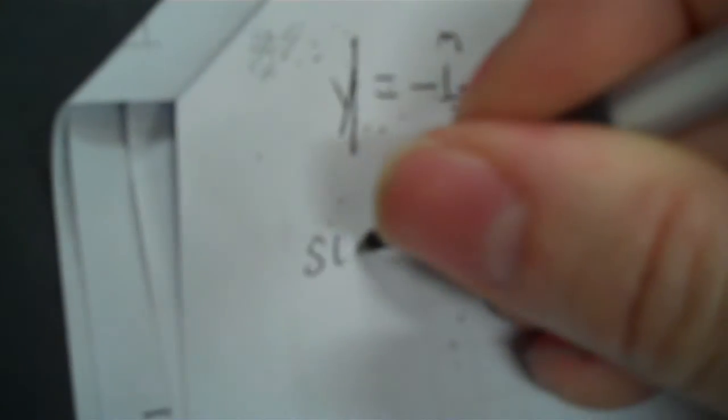Okay, last two, I believe. y equals negative 1/2 x plus 4. So negative 1/2 times x plus 4, so you get m, b. So slope negative 1 over 2, and then positive 4 is the y-intercept.